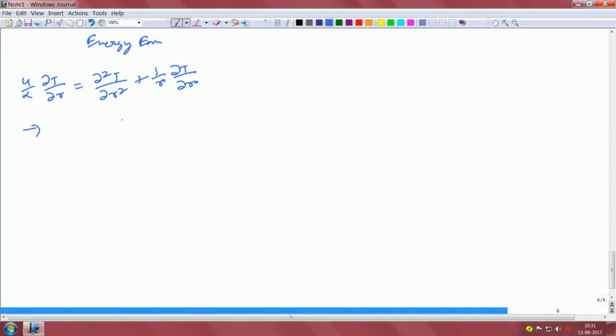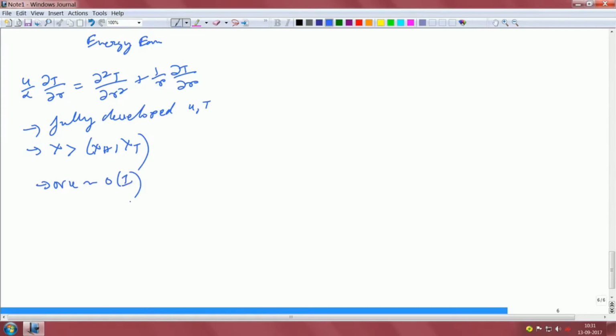Once again, this equation is devoid of the axial conduction term. So, once again, we are in the fully developed region, where x is greater than xh and xt, far away from the inlet, and of course we got that Nusselt number is of the order 1. Now, let us look at how we can define a temperature profile in the fully developed regime, which will be a function of r.